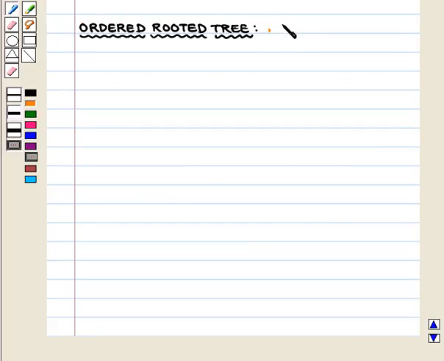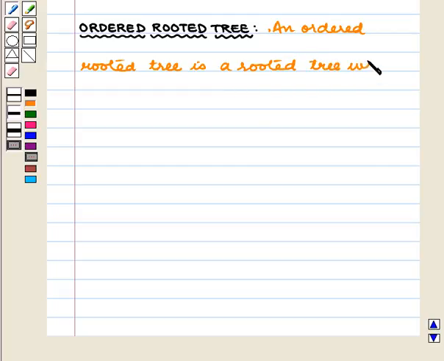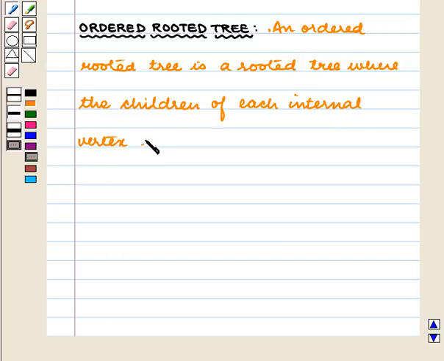Ordered rooted tree. An ordered rooted tree is a rooted tree where the children of each internal vertex are ordered.